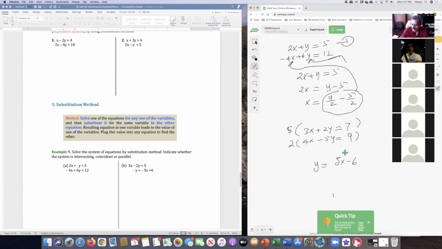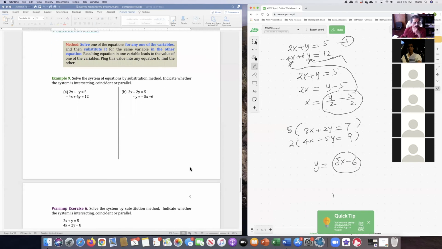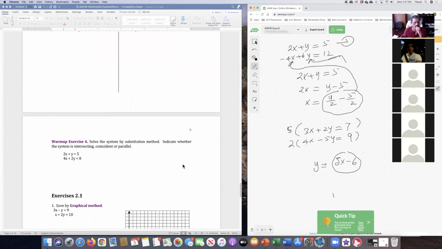Then I substitute 5x minus 6 for the y in the other equation. It's fairly easy to solve the second equation for y, and that's when the substitution method is convenient. Otherwise, elimination is always the most convenient method. So almost always, elimination is the easiest method to use. And you're free to use whichever method you want to use.